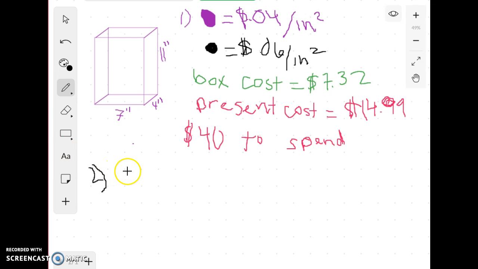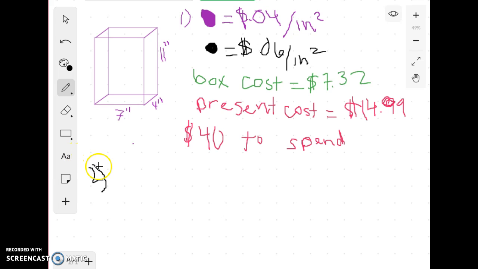So we can either buy the checkered wrapping paper, the purple wrapping paper, or we can even afford to buy either wrapping paper. We can buy the purple or we can buy the checkered. It doesn't matter because it's within our $40 budget.